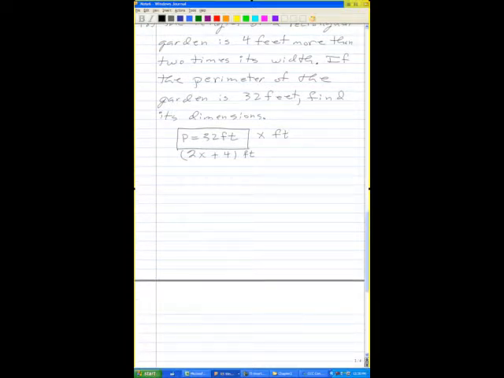So I have that the perimeter, 32 feet, is just, well, there are 2x plus 4 plus x plus another 2x plus 4 plus another x, and that should equal 32.